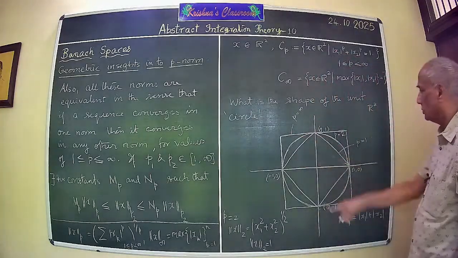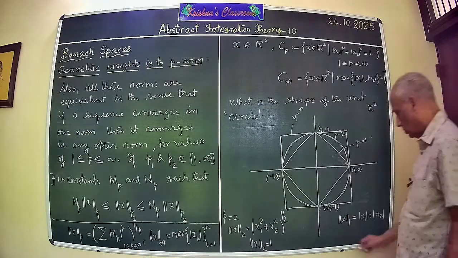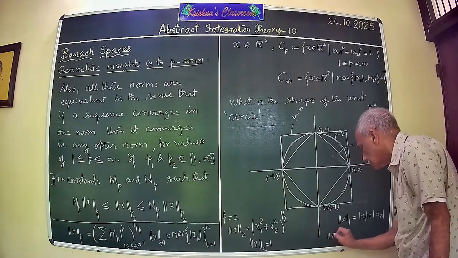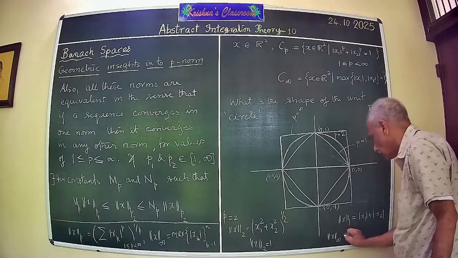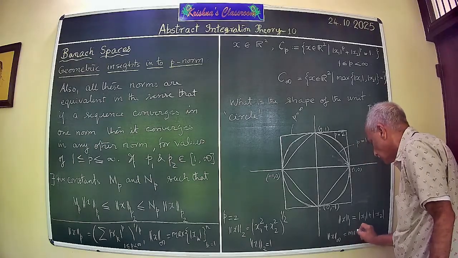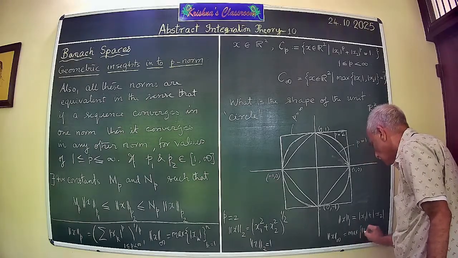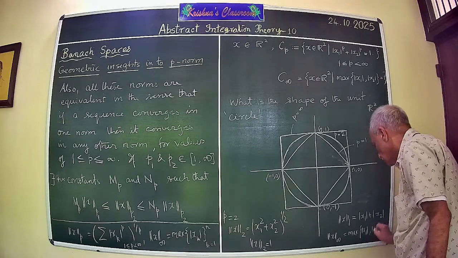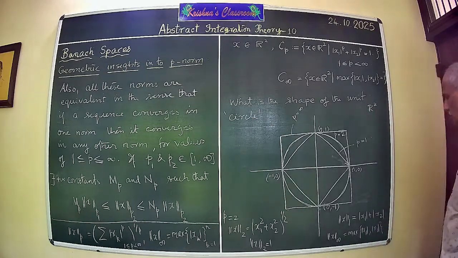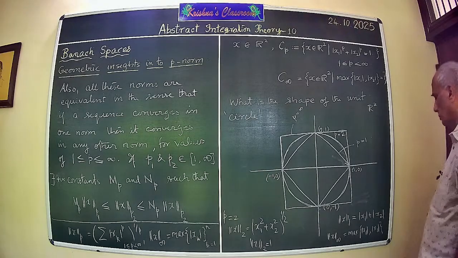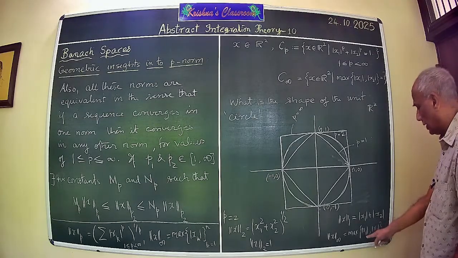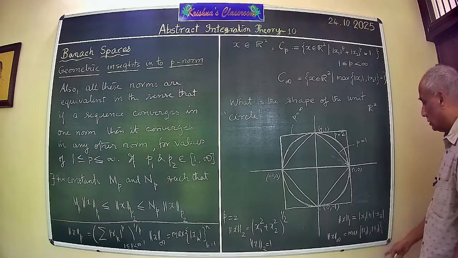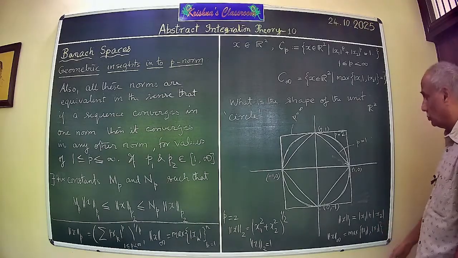That is easy to see because, if the maximum is x1 equal to 1, mod x1 equal to 1 and mod x2 equal to 1.